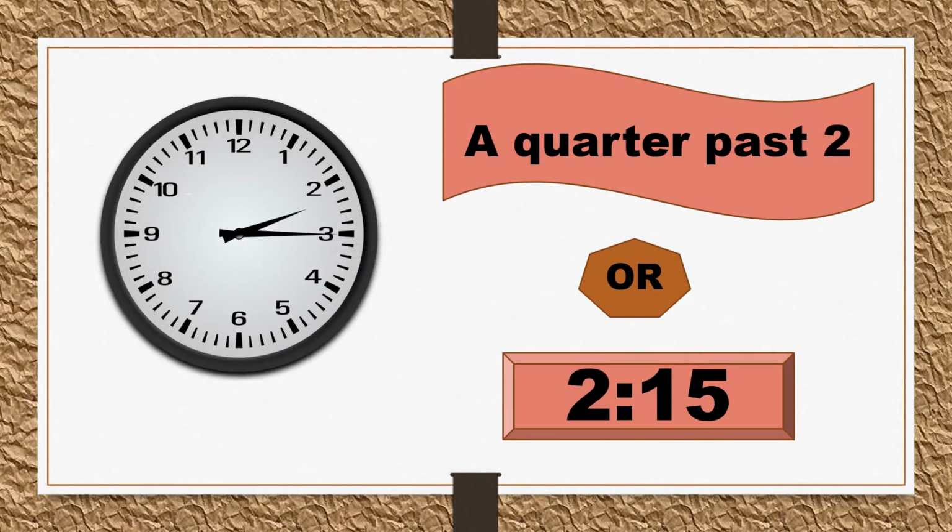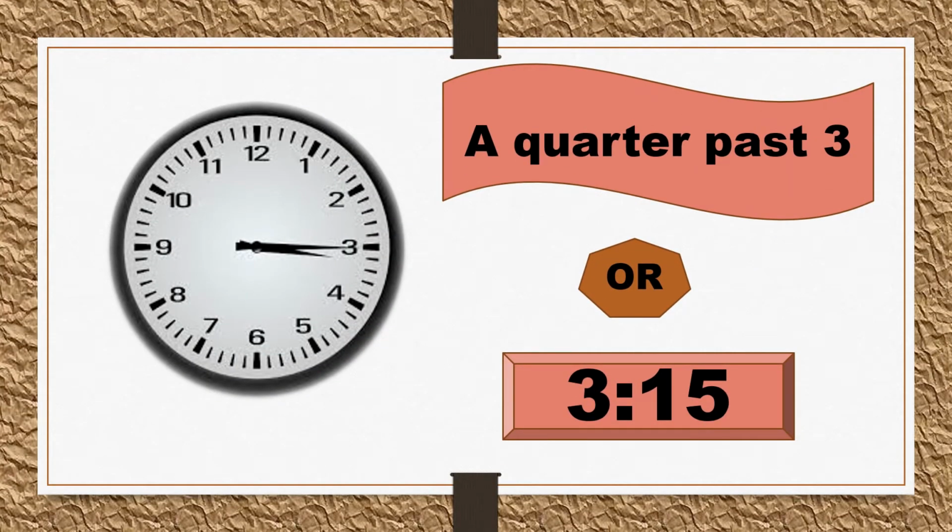Children, look at the clock and tell me what time is it? You can see the clock is showing the time a quarter past 2 because the minute hand is at 3 and the hour hand is a little after 2. So, we write it as a quarter past 2 or as 2:15.